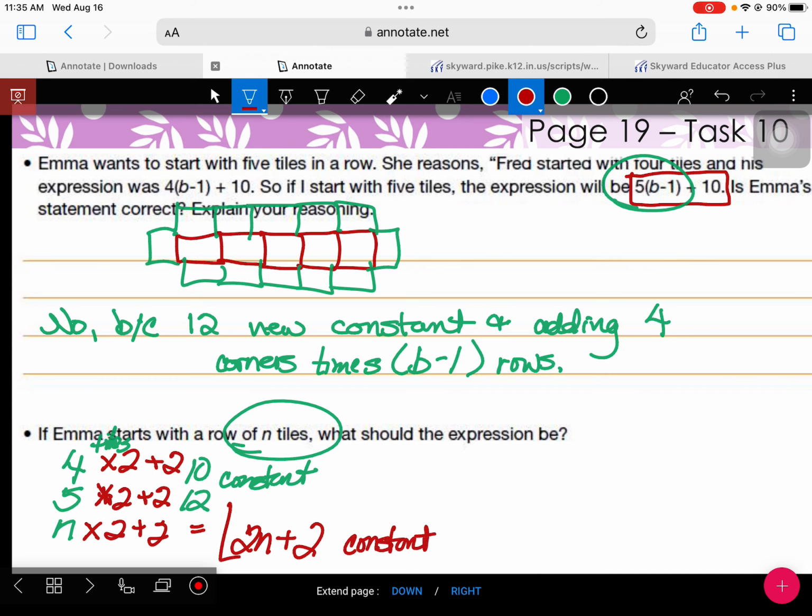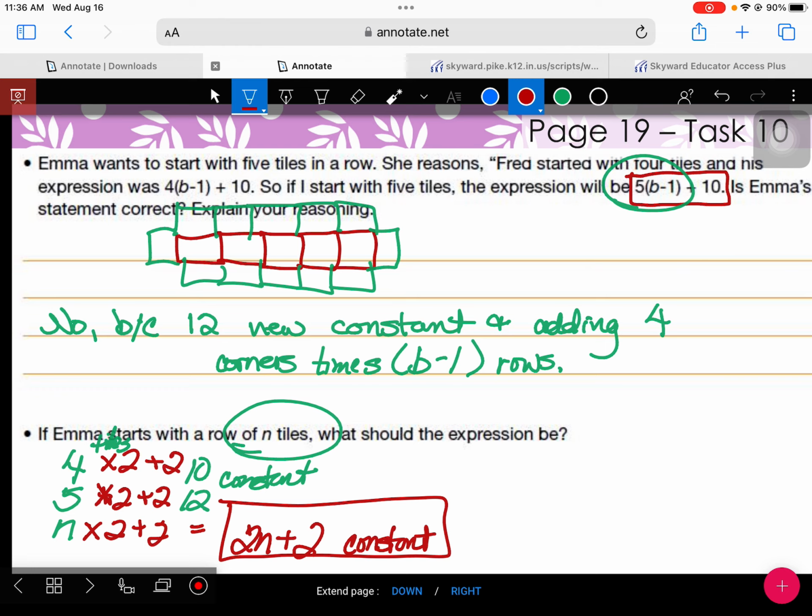So this much is the constant. How do I show the rest of that pattern? If these are just the very top, the very bottom, and the 2 ends, how do I show the rest of that pattern in an expression? So close.